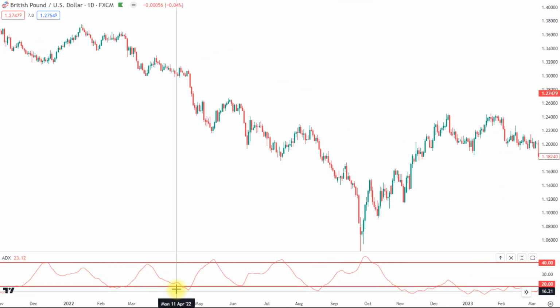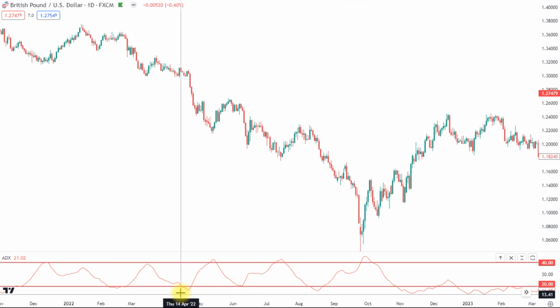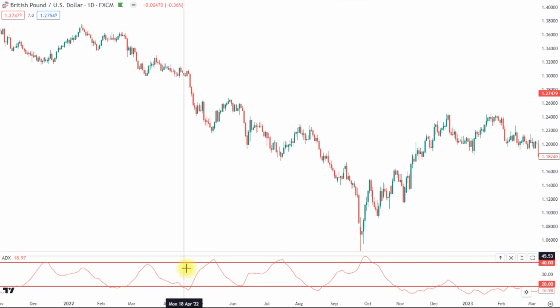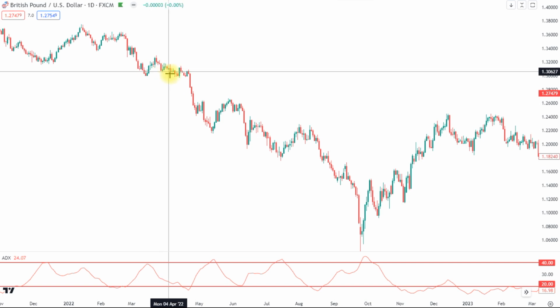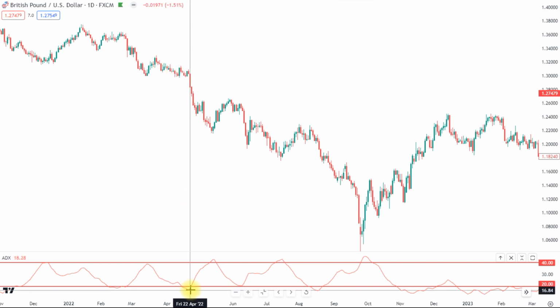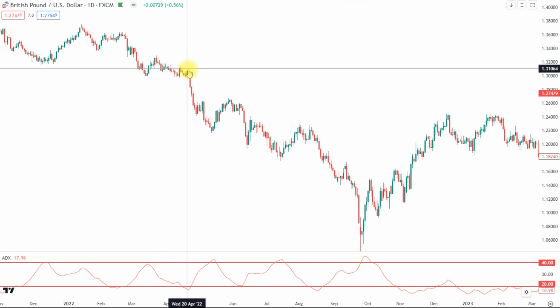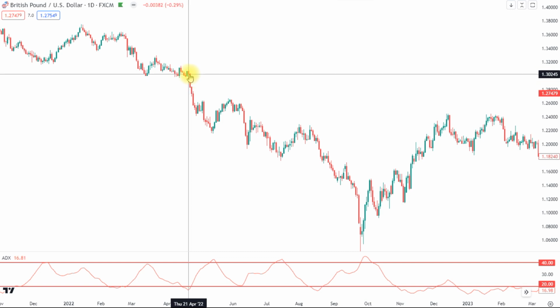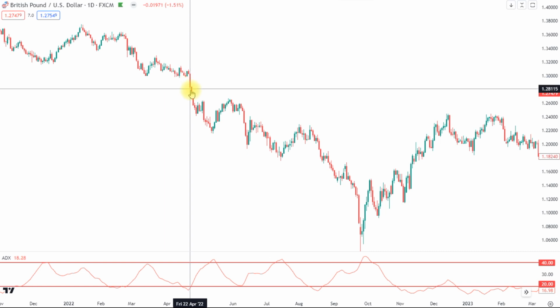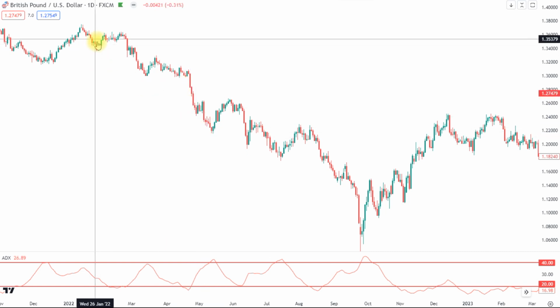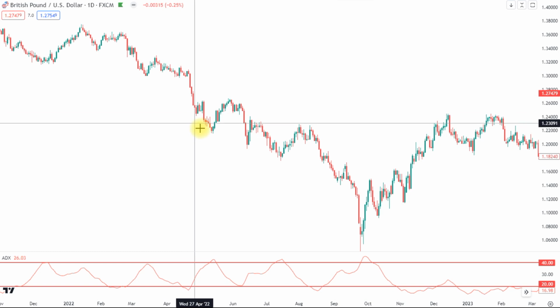As mentioned before, below 20 there's a weak or no trend at all, so it's not really attractive for a trade here. You see here, we dive below and the market is going sideways. But here it dives through, and this is after the moment where momentum is coming into the market and the market is continuing the movement of the trending direction.